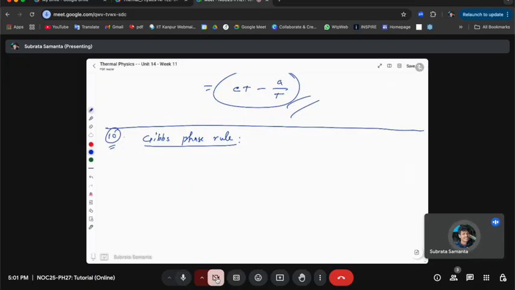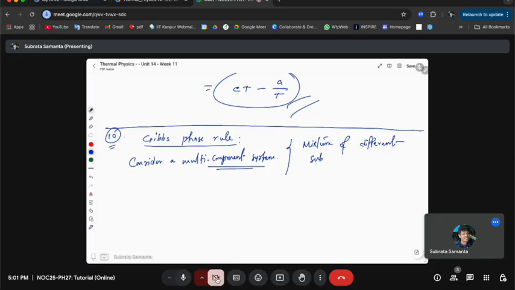So consider a multi-component system that is basically the mixture of different substances.